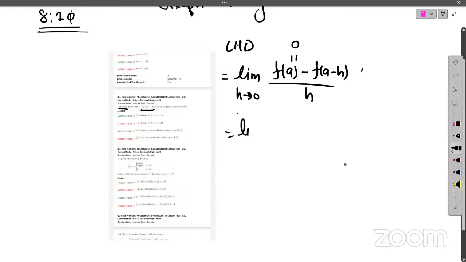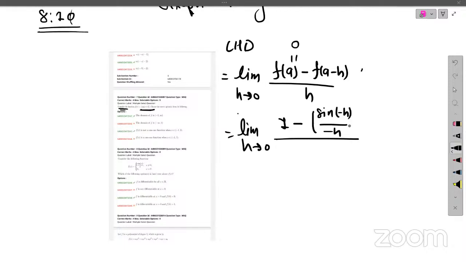So just substitute all those things and apply L'Hospital's rule. It will be 1 minus f of 0 minus h, that means f of minus h. And whenever x is not equal to 0, we have to adopt this expression, which is equal to sine of minus h upon minus h, and then h. So this will be the same as limit h going to 0. Sine of minus theta will become minus sine theta.